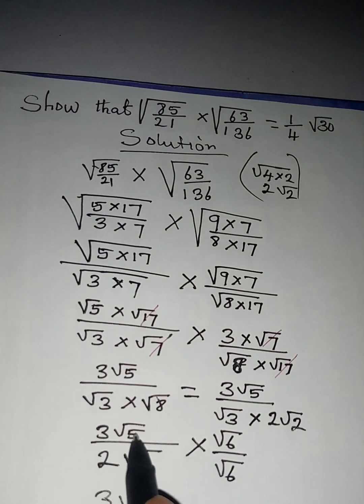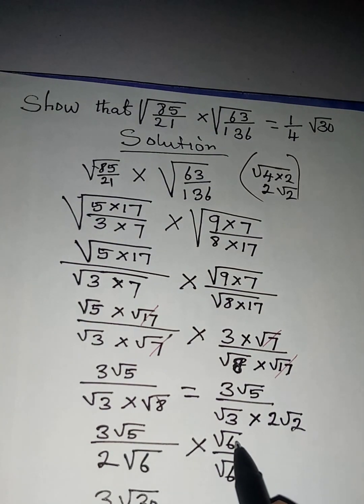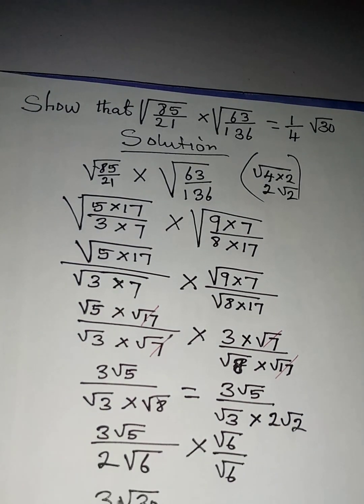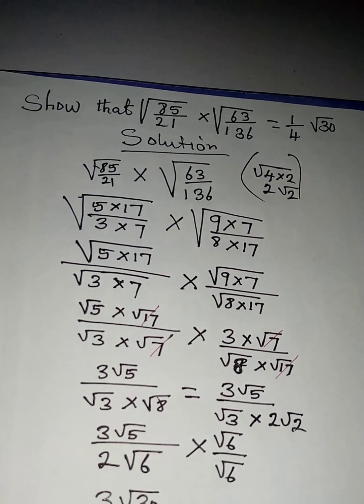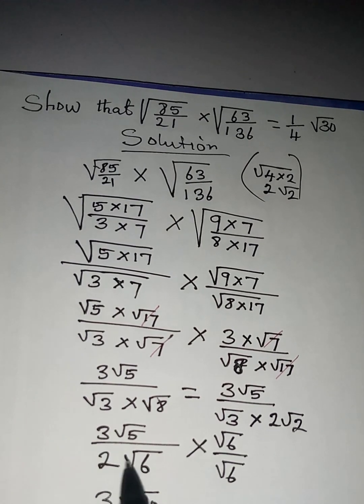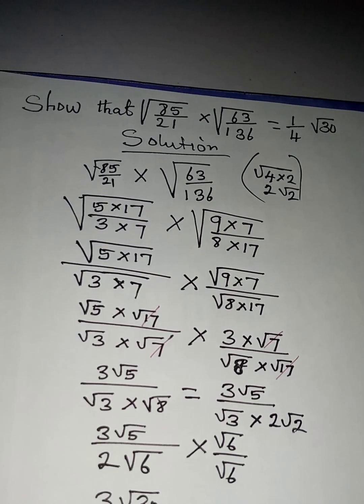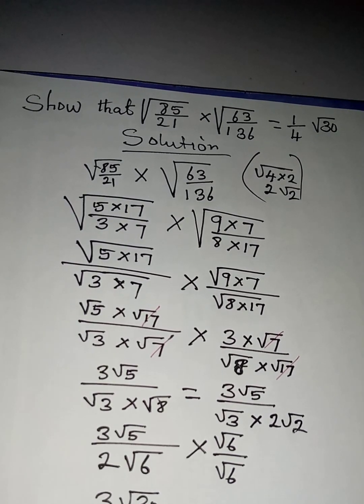You multiply root 5 by root 6 to give root 30, and this 3 will still appear. Then over here, 2 will appear first, and then root 6 times root 6 will give us 6.